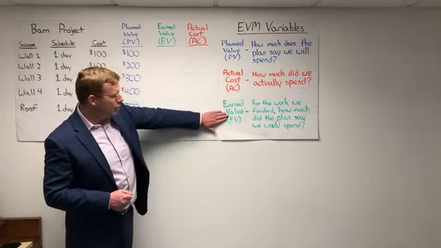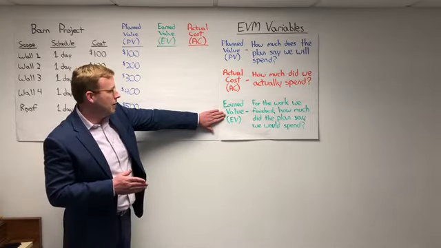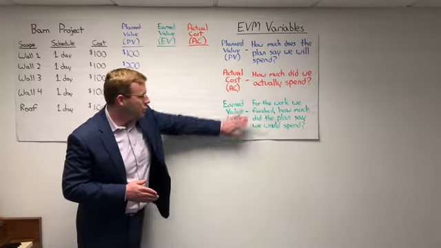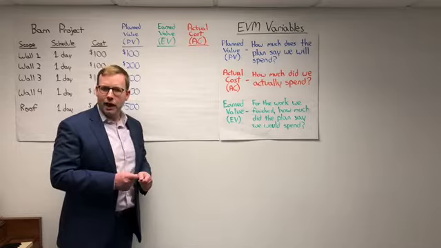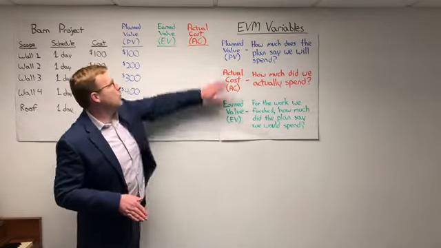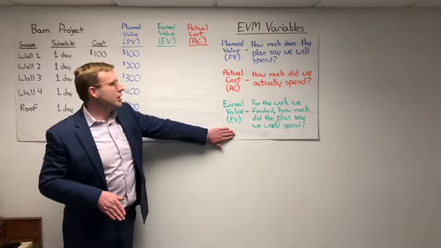And then earned value is the one that's a little bit trickier to understand sometimes, so we'll unpack it. We'll pick it apart a little bit. Earned value: for the work that we finished, how much did the plan say we would spend? Another way of saying this is, what was the planned value for the work that we actually performed?